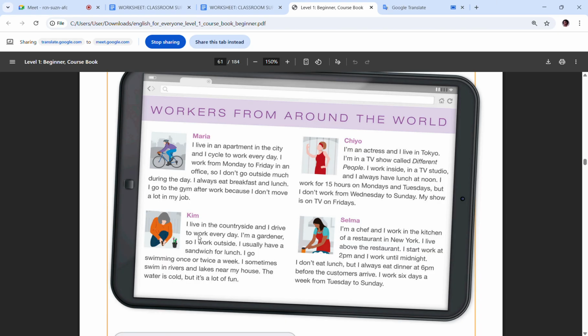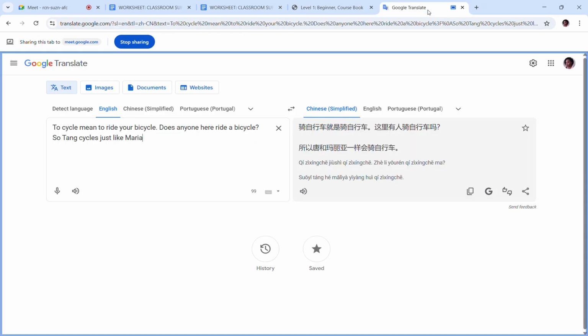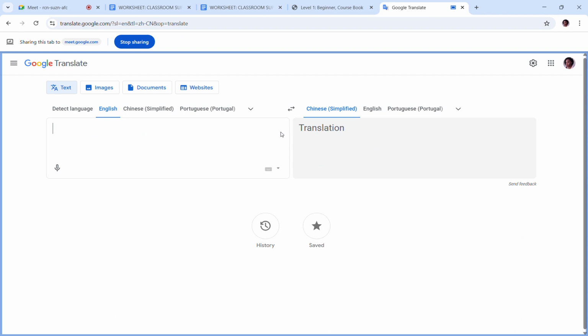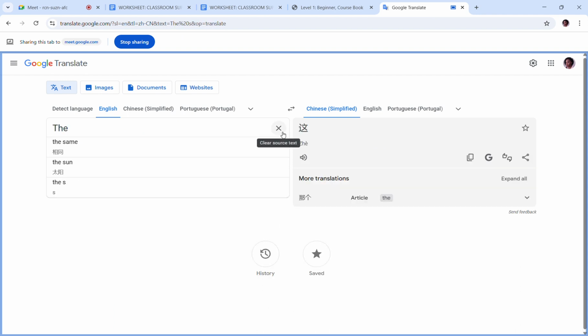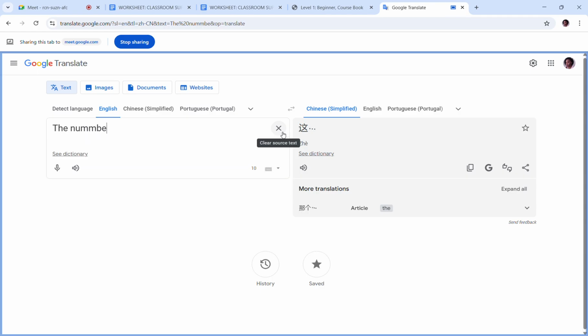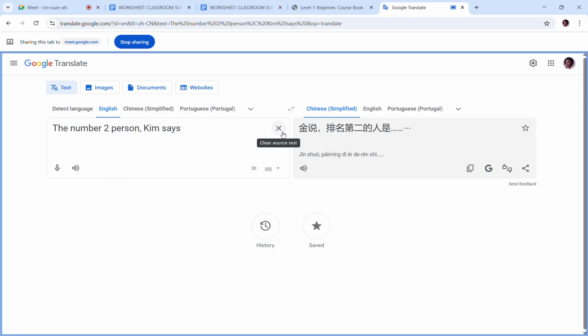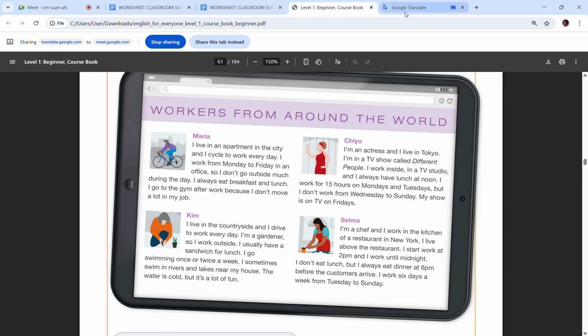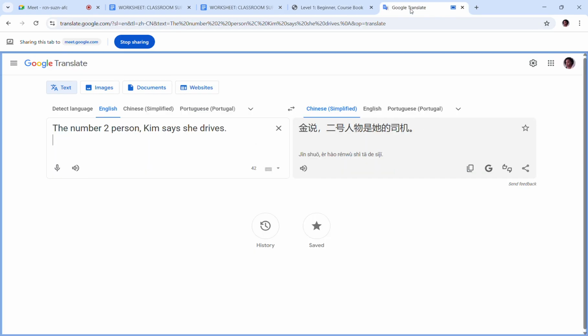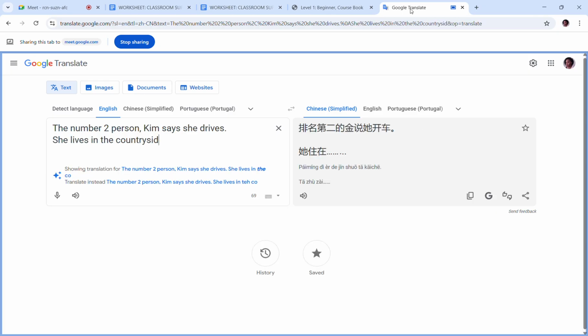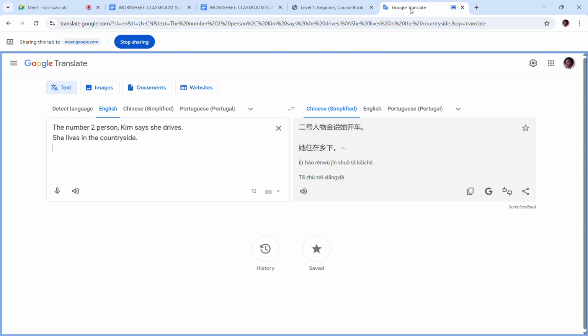Kim, the second person, says she drives, right? And what else is she saying? She says she lives in the countryside.